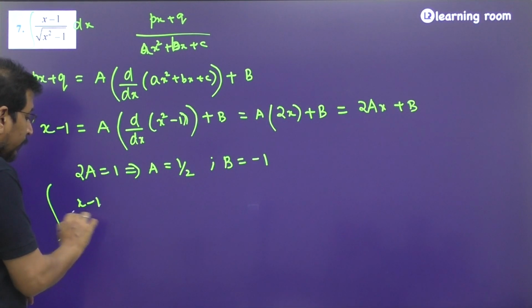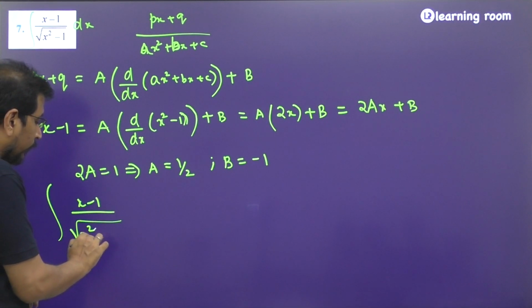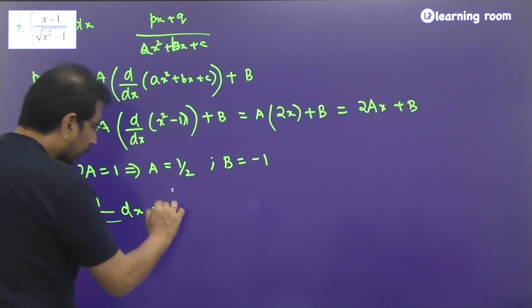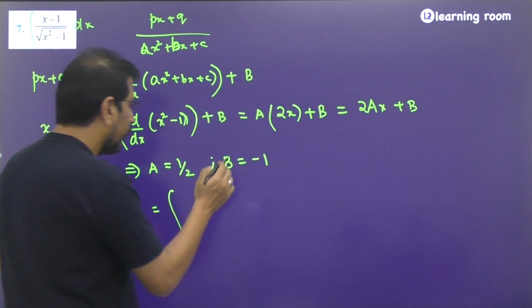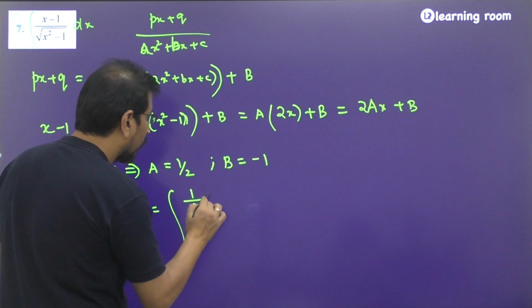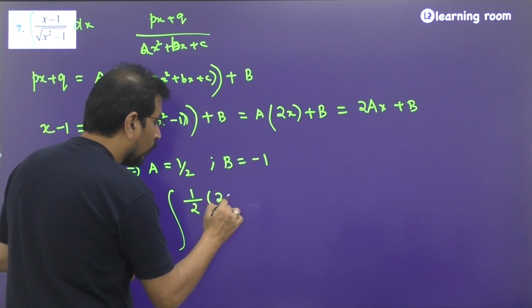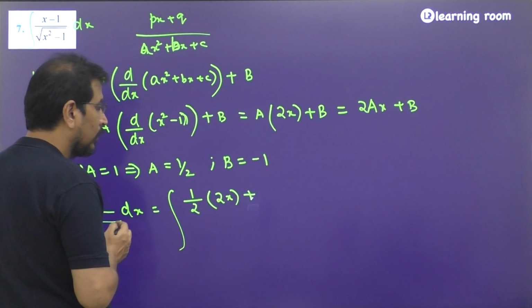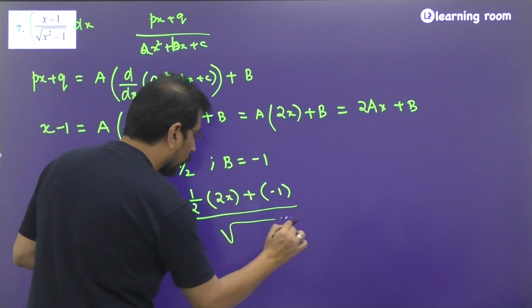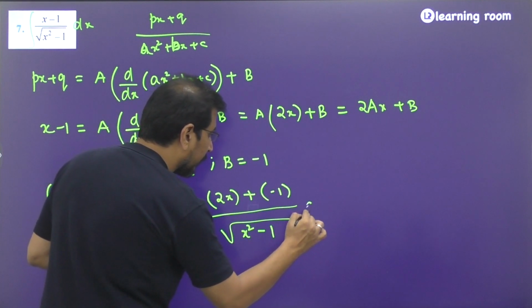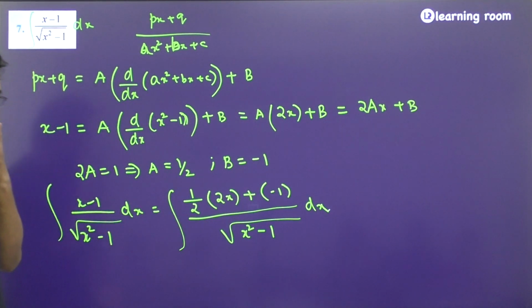Integral of x minus 1 divided by root of x square minus 1 can be rewritten as integral of half into 2x plus, what is the value of b? It is minus 1, the whole divided by root of x square minus 1 dx.